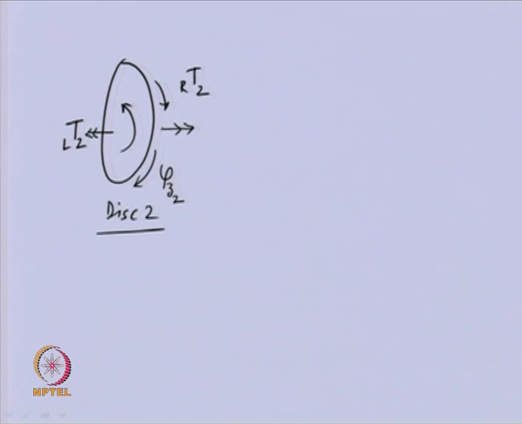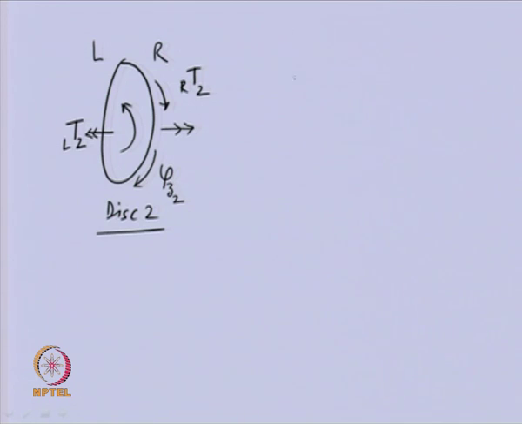So, now we can relate the field variables in the left side of the disk and in the right side of the disk. Because this disk is a very thin disk, the angular displacement at either side of the disk we expect will be the same.